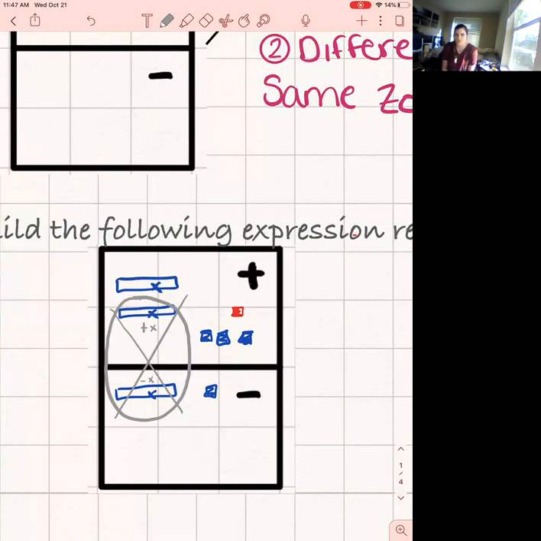Now I look at my unit tiles. I could remove unit tiles 2 ways. You could either pair them up like this. So there's a 0 there. I have different tiles in the same region. So that's a -1. That's a +1.